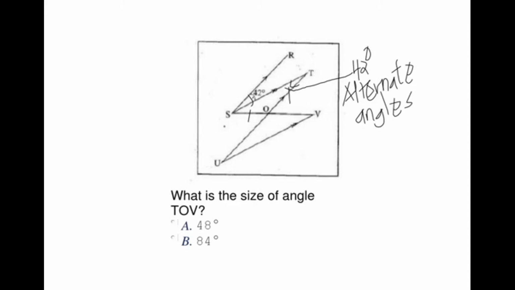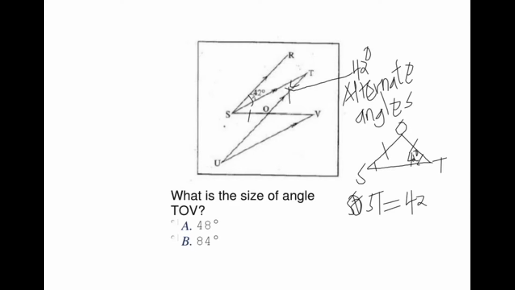So we have angle STO equals 42, and we know that this is O, this is S, this is T. We are told SO equals OT, and we have this angle being 42 degrees. So this means OST will be equal to 42.